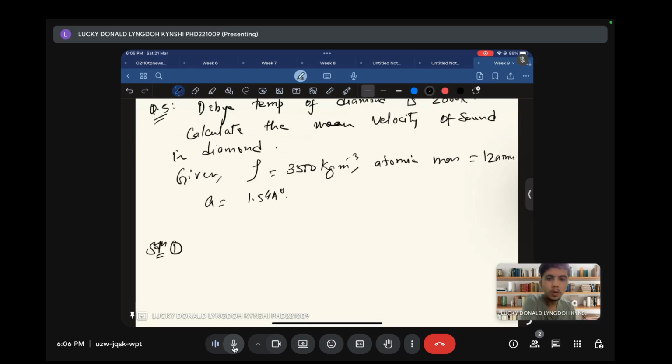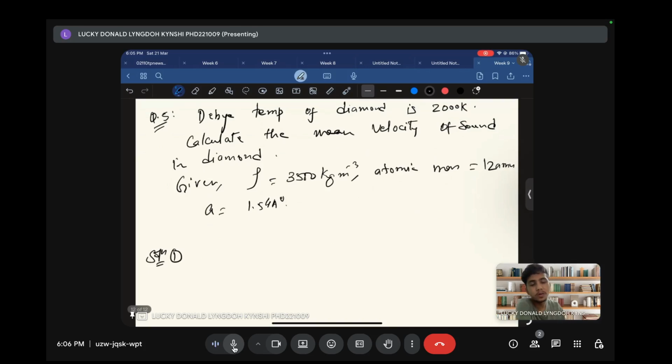Now the solution. You can look at this problem again in Kittel's Solid State Physics. It is related to the Debye temperature, and I will write the relation here.